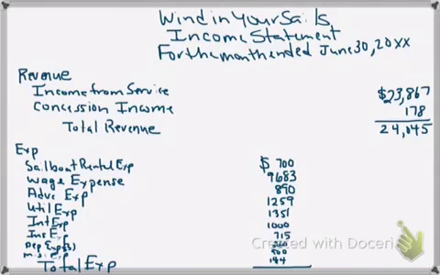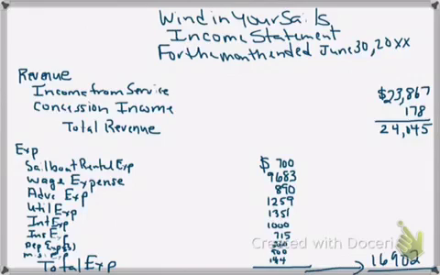I will add all of those numbers up, and then for the total expense, I'm not going to put the total here, I'm going to move it over, and it's going to be $16,902. Then I would underline that.